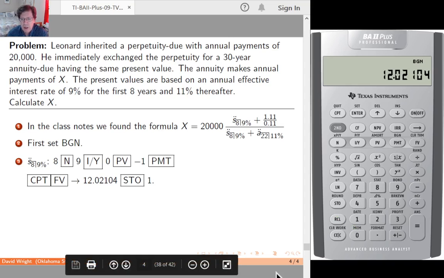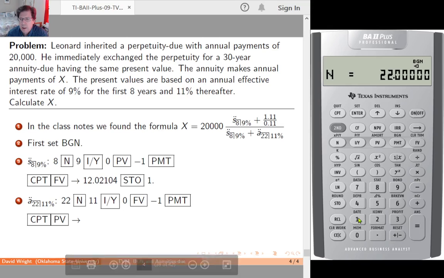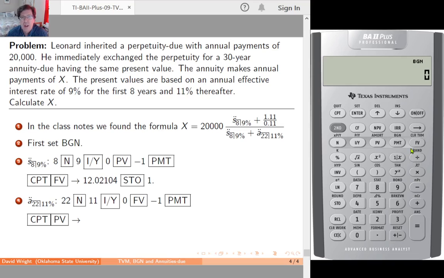All right, we're going to continue and do this with the A double dot. So for A double dot, we change it to 22 for N, 11 for the interest rate. And this time we want a present value, so we put 0 for the future value. And we have the payment already in there as -1.